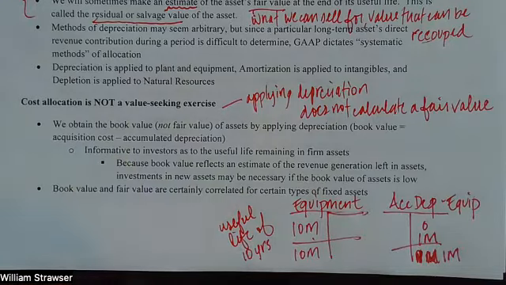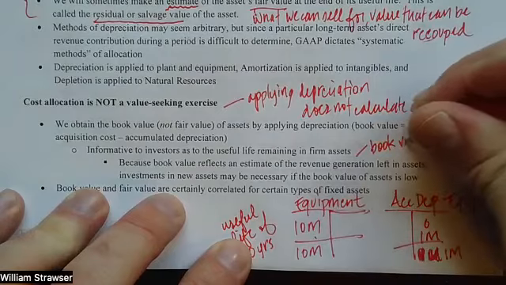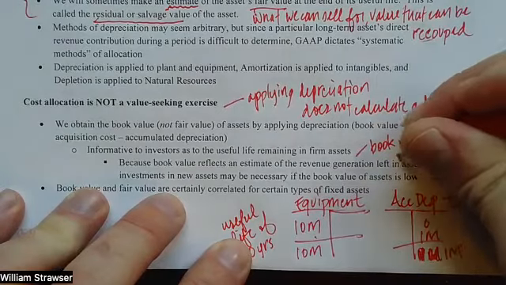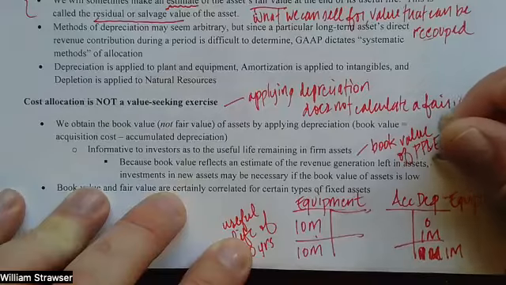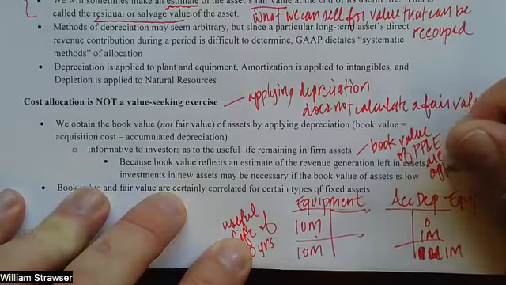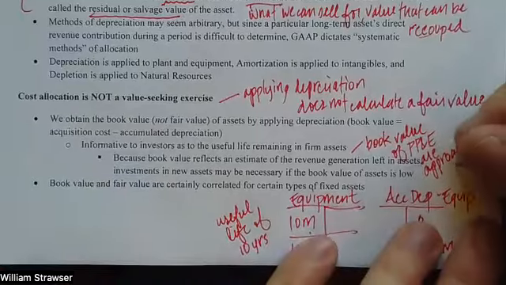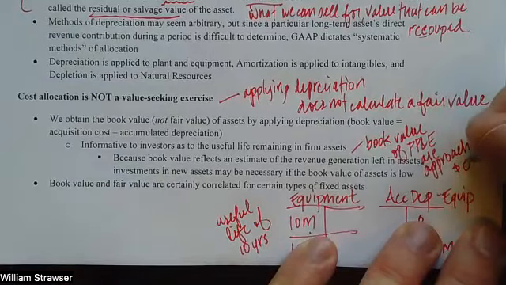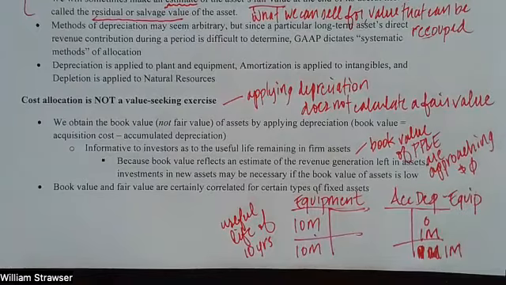If the book values of PP&E in total are approaching 0, then that means that we've applied all of the depreciation that we think we're going to apply over the useful life of the asset.